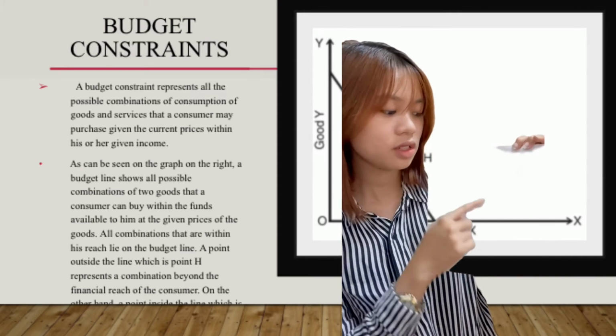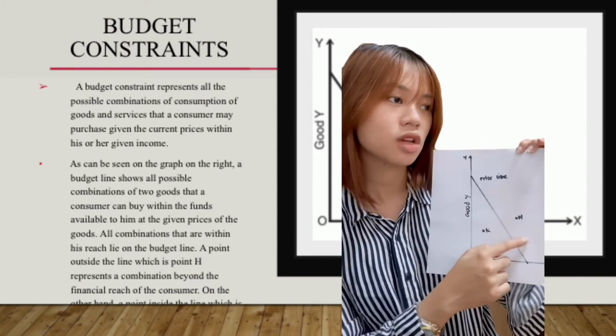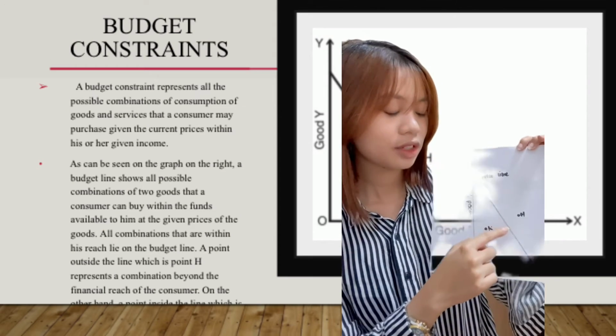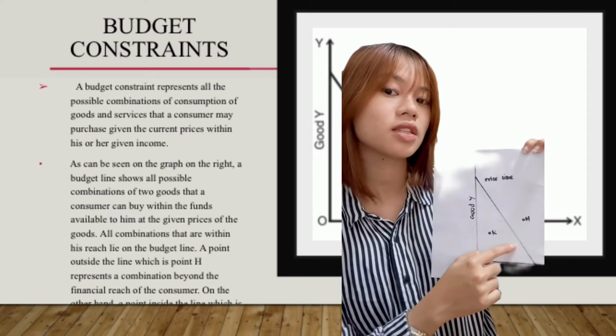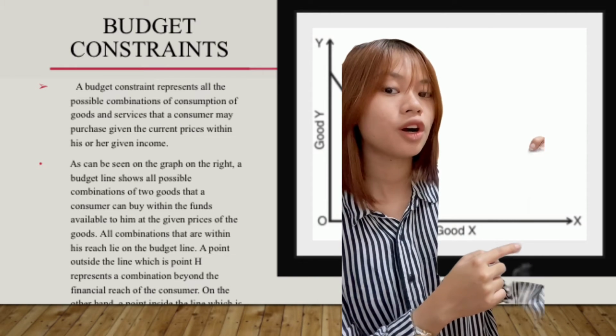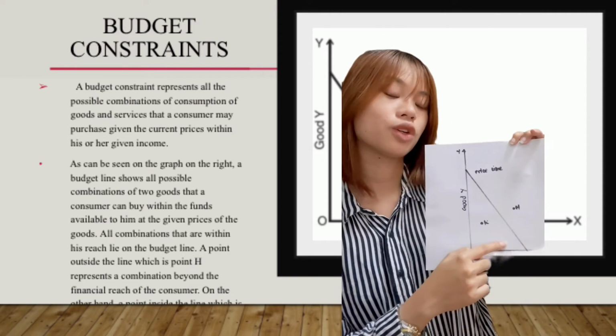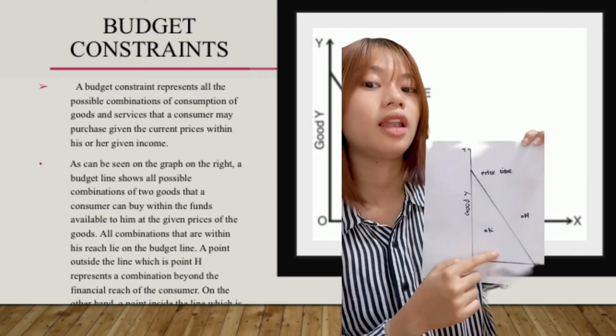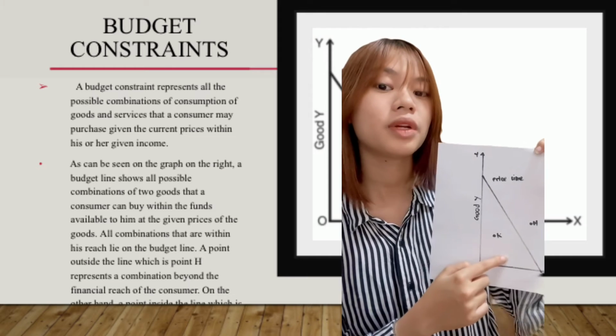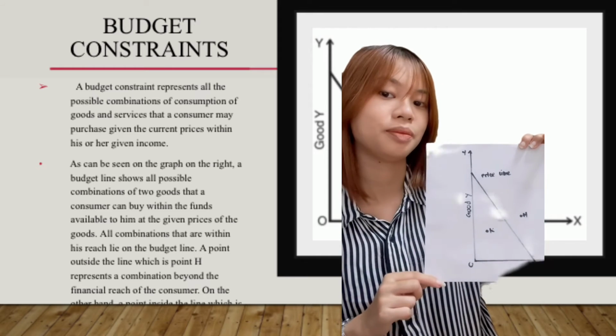So if this graph has many points, all of the points that are outside the budget line represent combinations beyond the financial reach of the consumer, while the points that are inside the budget line represent underspending by the consumer.